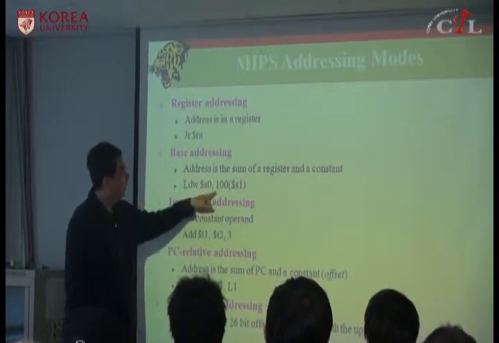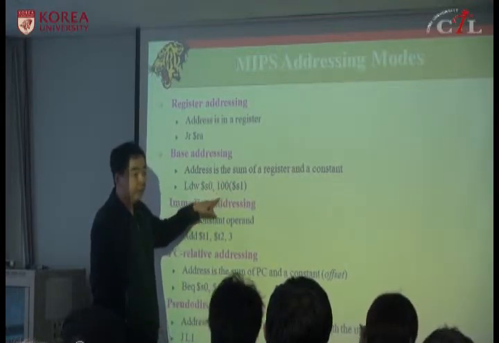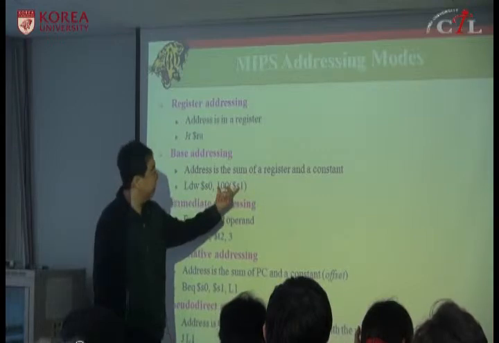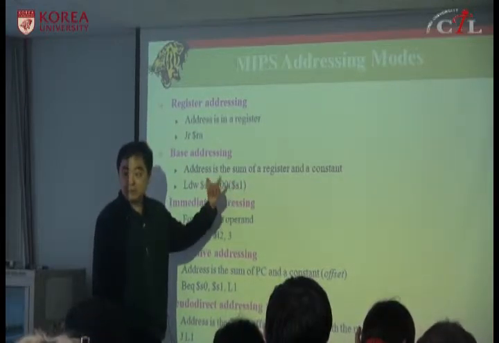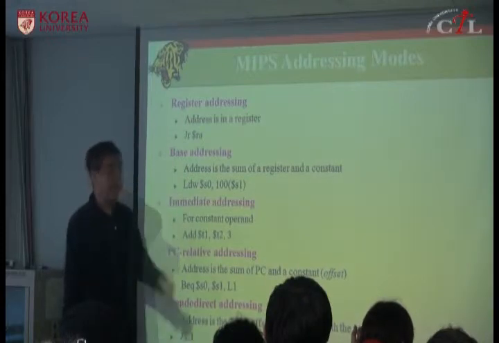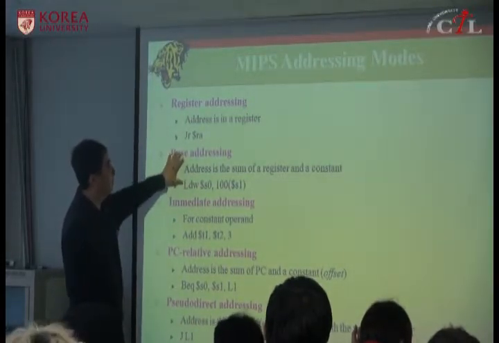This is a base register and this is an offset. You add this offset to the content of this register, and this becomes the address of the object. If you use a base register, it's called base addressing.